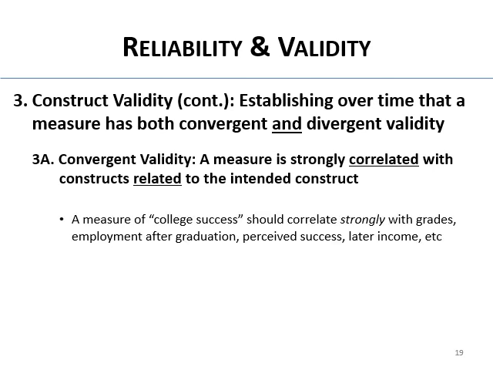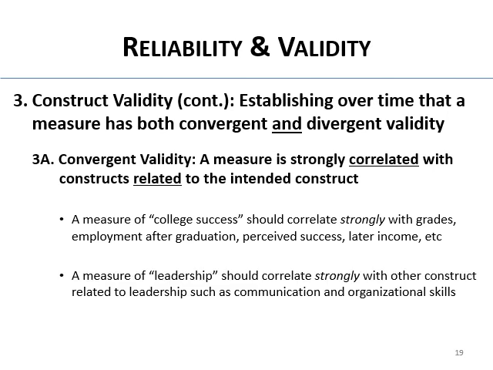For example, a measure of college success should correlate strongly with grades, employment after graduation, perceived success, later income, etc. A measure of leadership should correlate strongly with other constructs related to leadership, such as your communication skills and organization skills. Those are all things that are important for being a leader, so they should be associated with your leadership questionnaire.